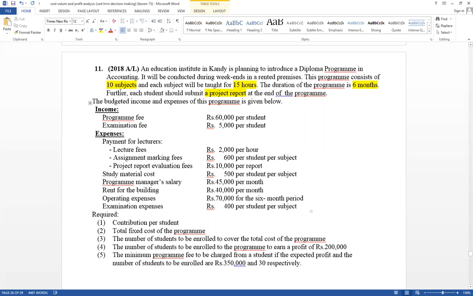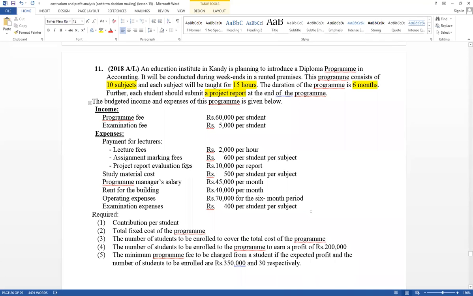Therefore, you have to consider 10 subjects. You have to calculate the variable cost per student. Assignment marking fee 600 per student per subject, but 10 subjects available. This is a variable cost, but given per subject, and 10 subjects are available for this program.